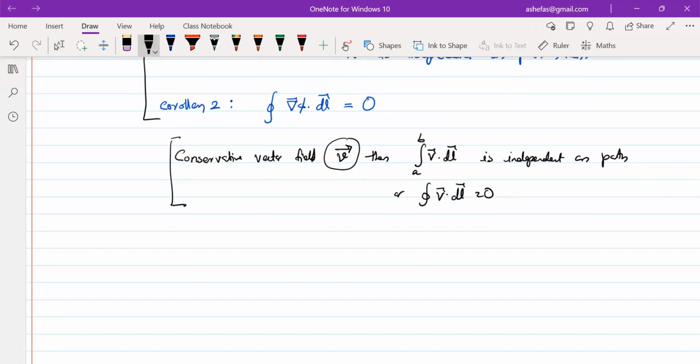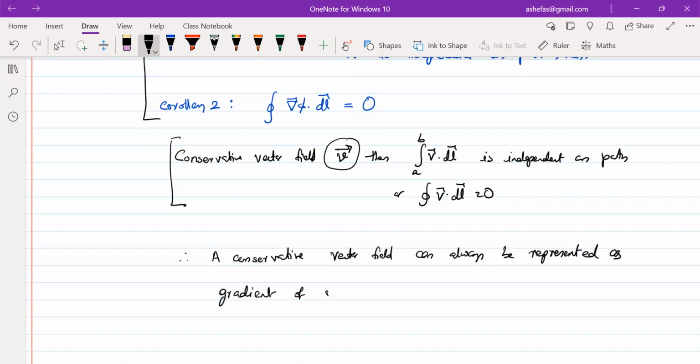So therefore, a conservative vector field can always be represented as the gradient of some scalar field.